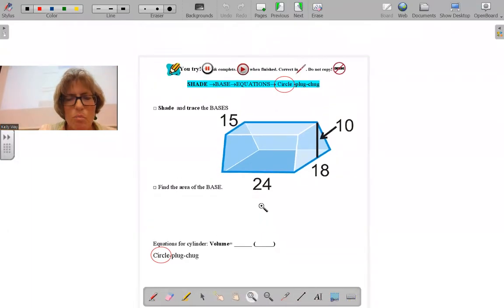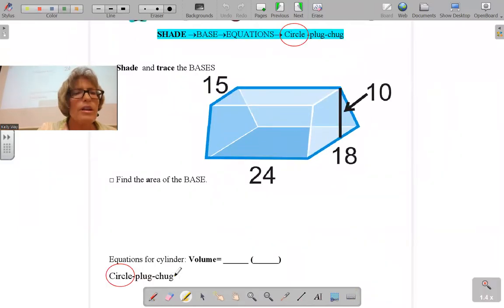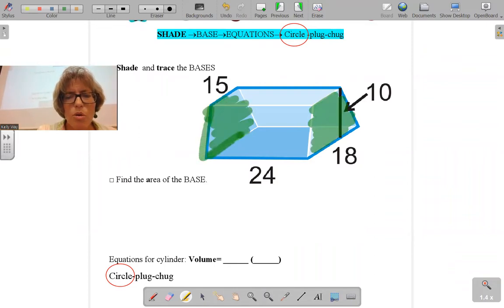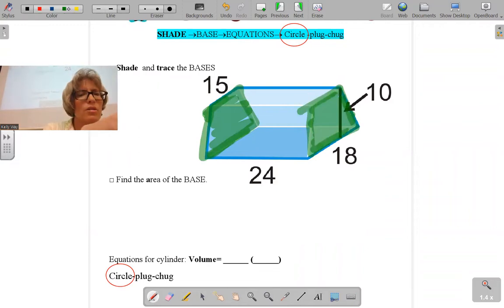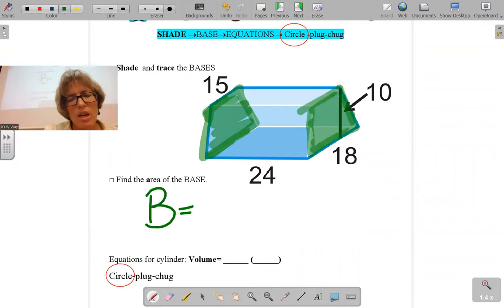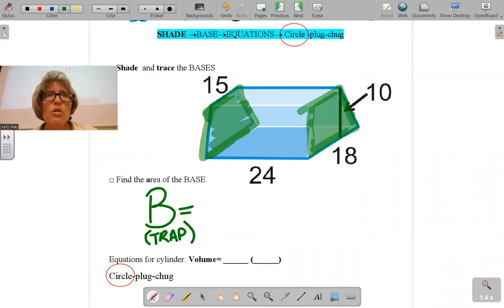This one, your bases, capital B bases, would be this and this, because they are congruent, they are parallel, they're connected by nothing but rectangles. So your capital B here is a trapezoid. Trapezoids are a little confusing because you're going to hear the word base multiple times.